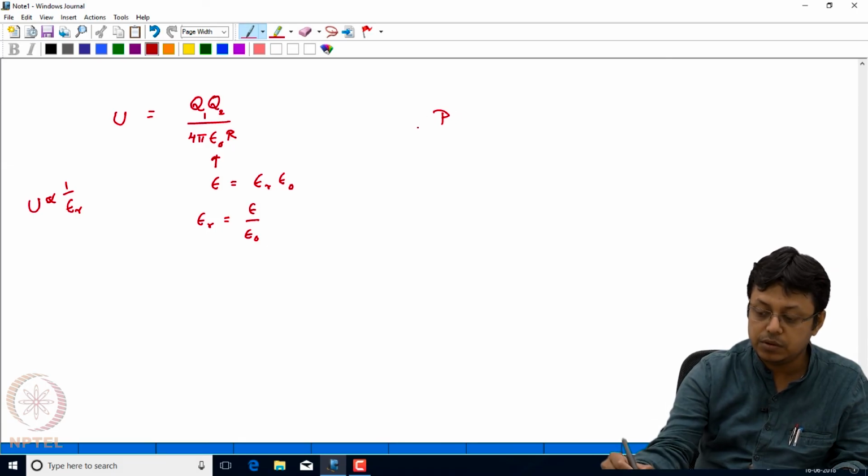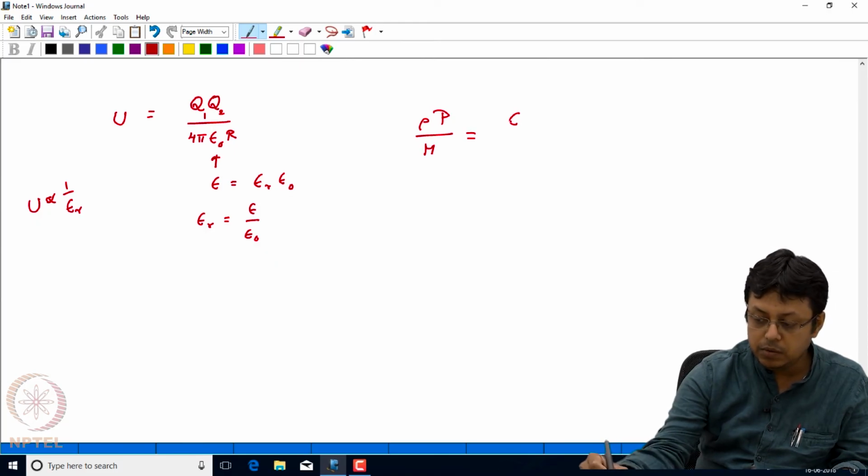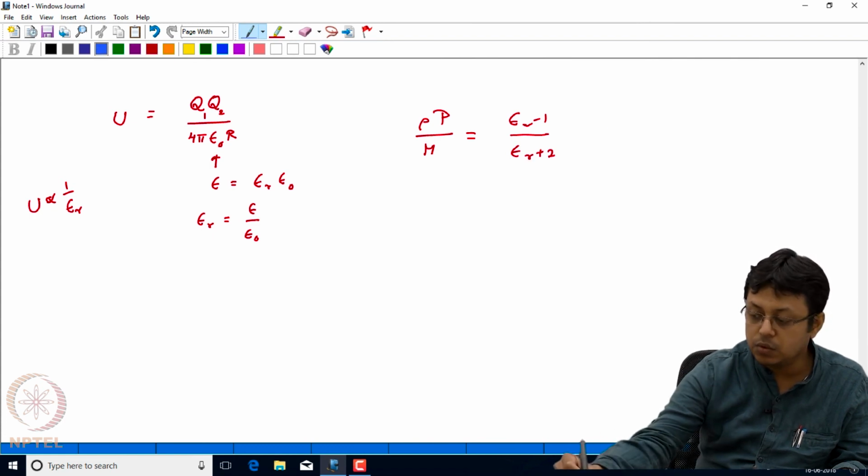There is an equation, we will not try to derive it, which tells us that if I take the density times the macroscopic polarization divided by molar mass, that will be equal to epsilon r minus 1 divided by epsilon r plus 2, and that equation is known as the Debye equation.